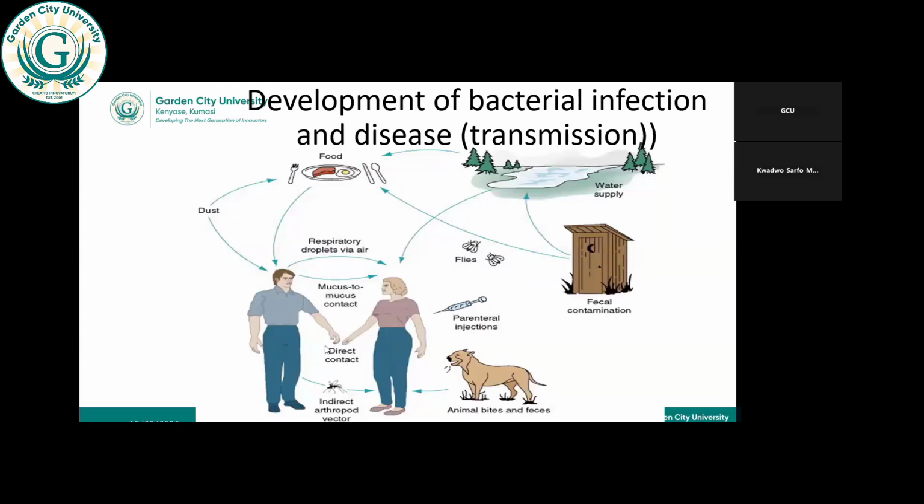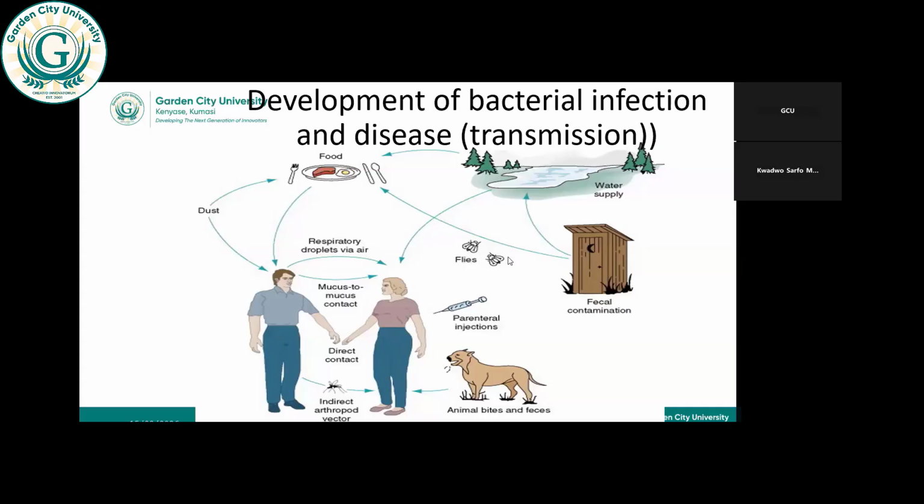Can have direct contact, infected person, uninfected contact, and then there is transmission. Can have vectors coming to pick the infectious agent and then spreading to the other susceptible host. Can have food contaminated with dust that has an infectious agent.